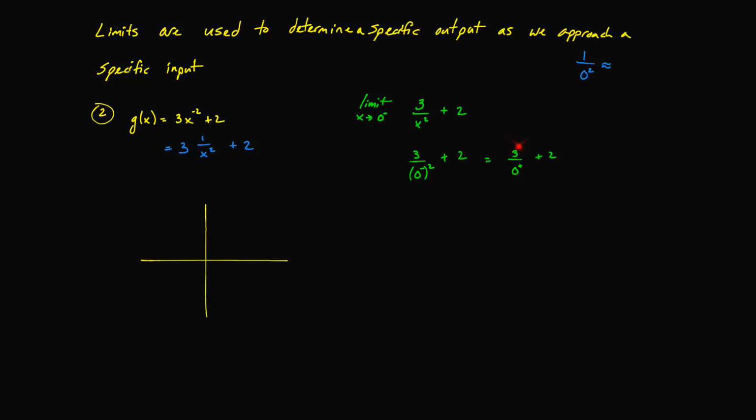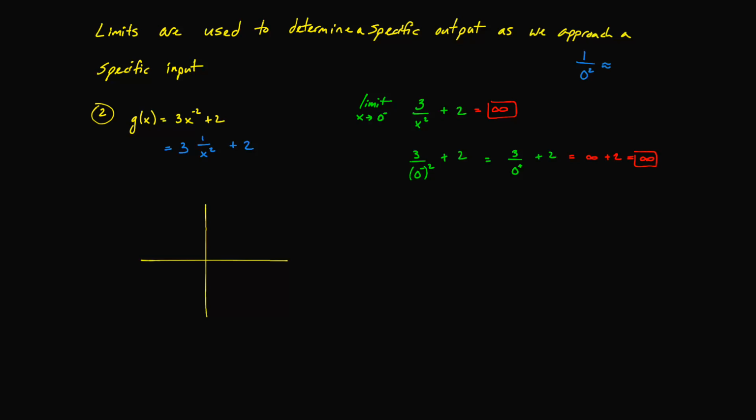This becomes a very large positive number. Infinity plus 2 versus infinity, right? Which one's larger? It doesn't really matter. They're both a concept of infinity. So this is just going to be equal to infinity. We can simplify this out to just say positive infinity. So the limit for this is going to be positive infinity.